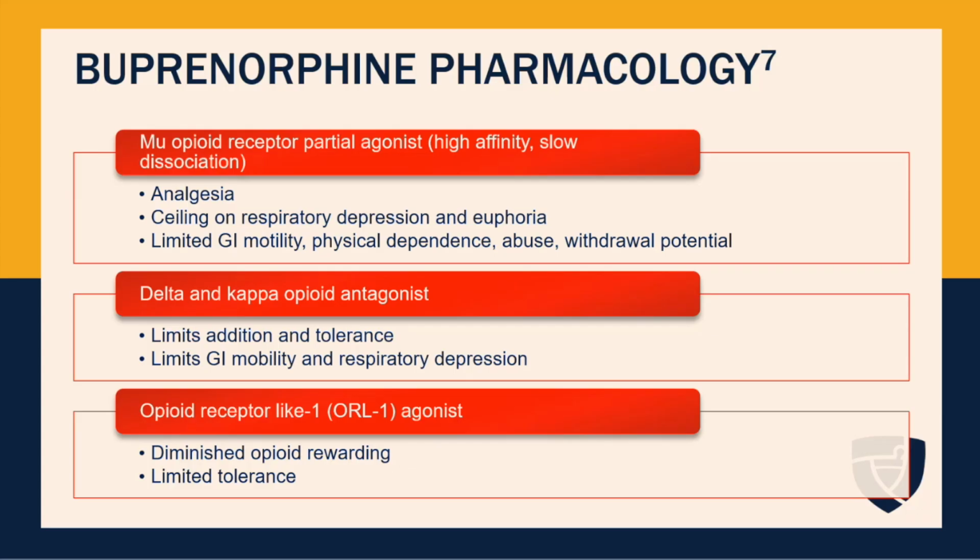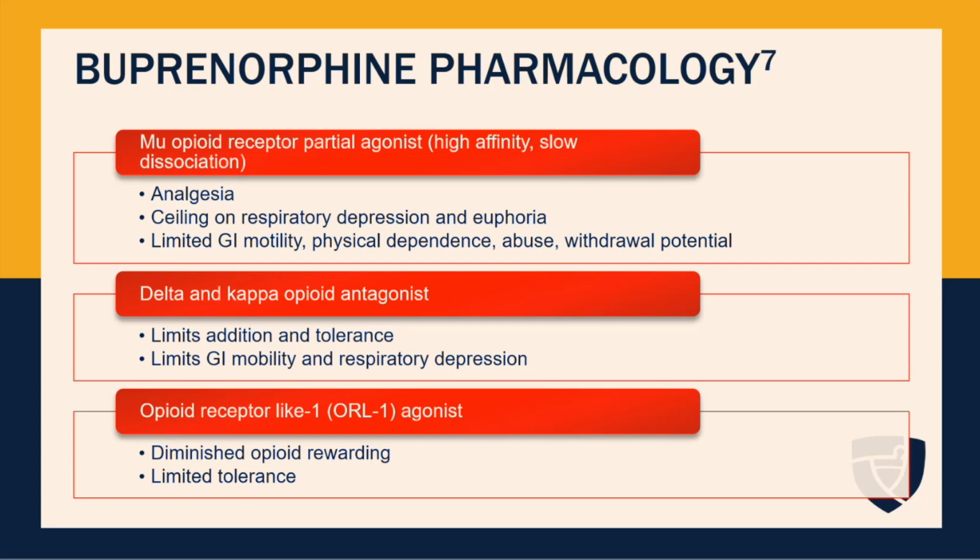Along with the partial agonist mu-opioid receptor activity, we have delta and kappa opioid antagonism. Little different here. So it limits the addiction and tolerance issues that we may see with other opioids. And it also, again, limits that GI mobility and respiratory depression issues.